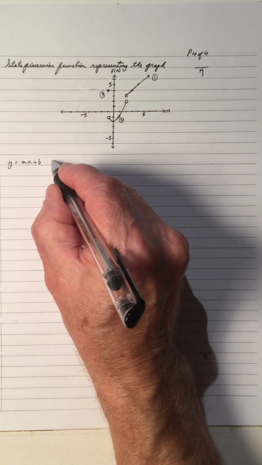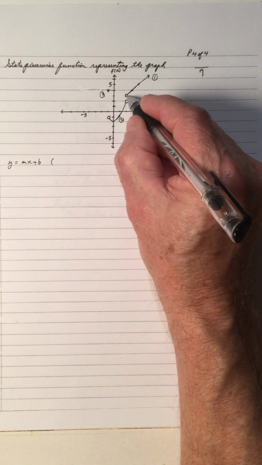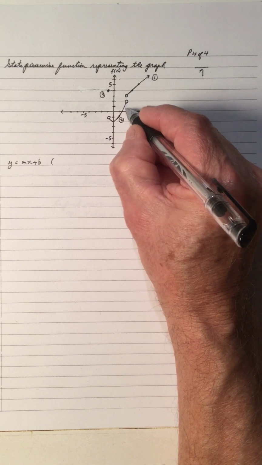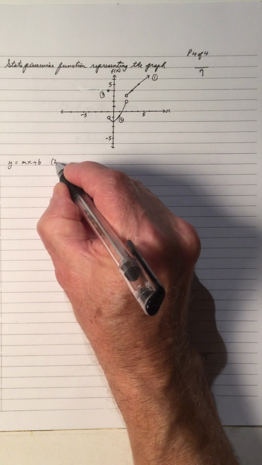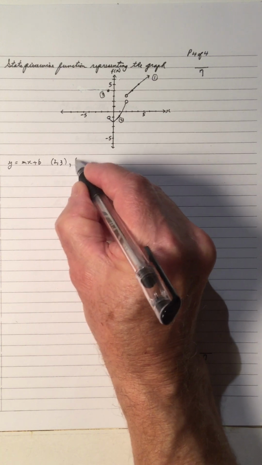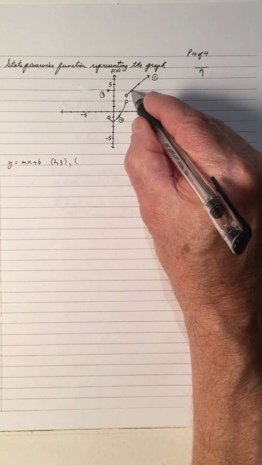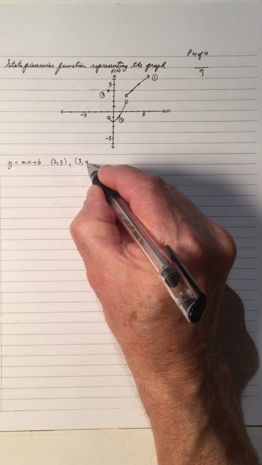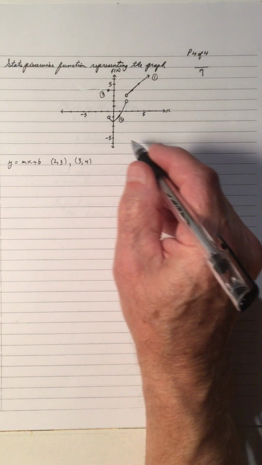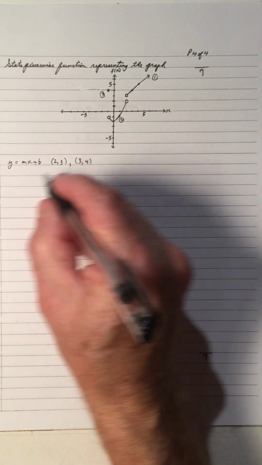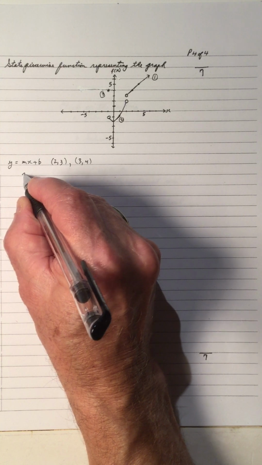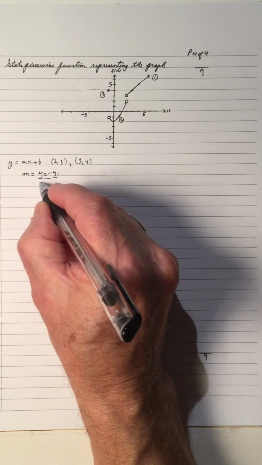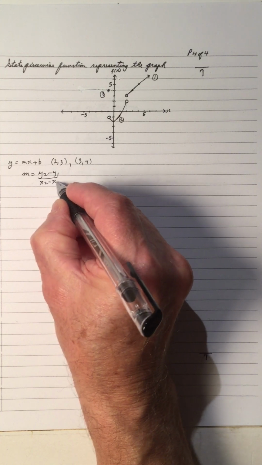So the best thing to do is to get the slope. So let's use the ordered pair here as 2, 3. And let's use this ordered pair as 3, 4. Okay, so to get the slope of a line, slope is y2 minus y1 over x2 minus x1.